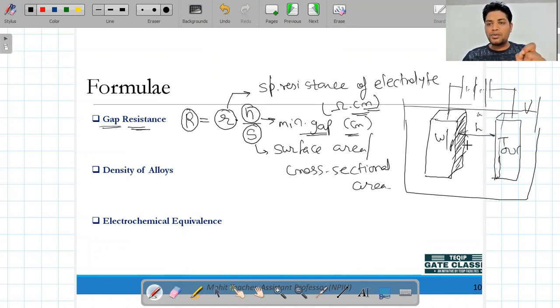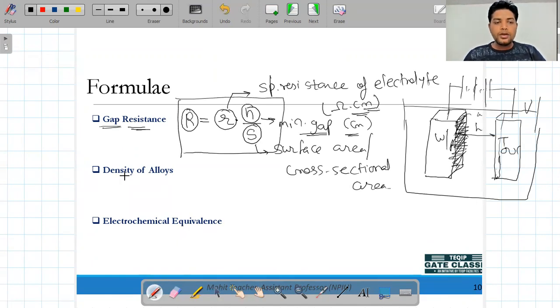Initially we are keeping the minimum resistance, so material will start depleting from this cross sectional area only. If the complete cross sectional area is in front of the tool, then material will start removing from it. So please keep in mind this formula: R equals small r into H by S.